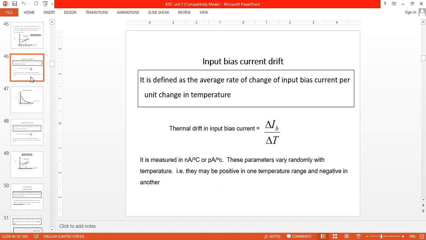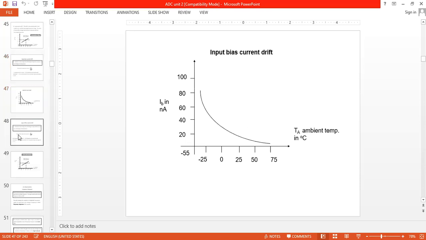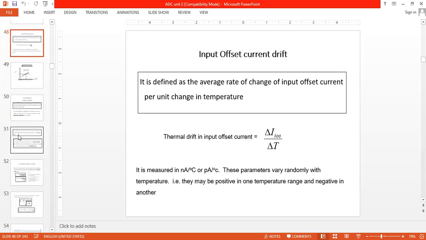Input bias current drift. Thermal drift is defined as the average rate of change of input bias current per unit change in the temperature. The thermal drift in input bias current is equal to del IB divided by del T. Input offset current drift is defined as the average rate of change of input offset current per unit change in the temperature.